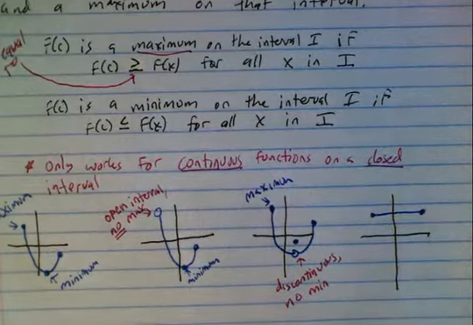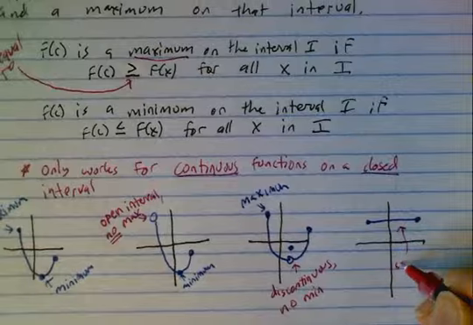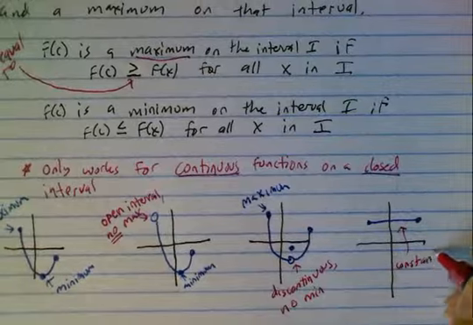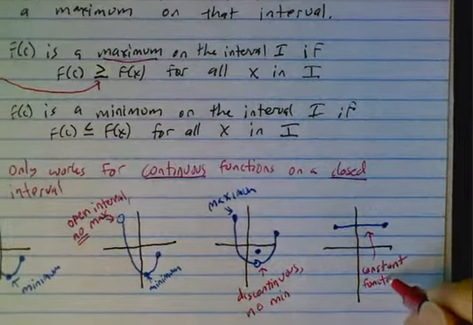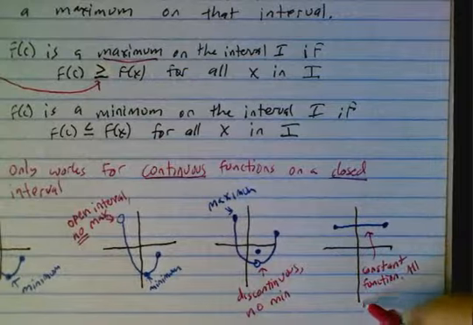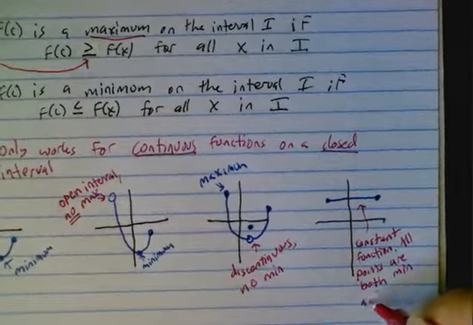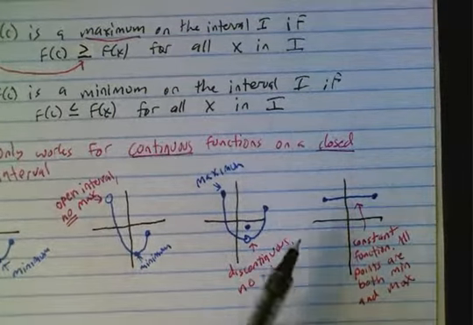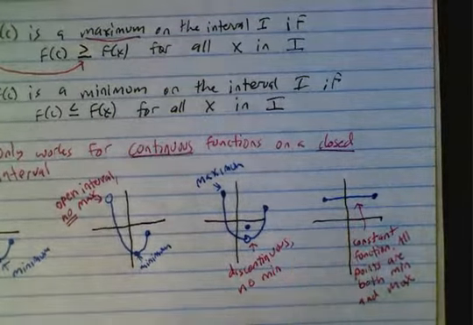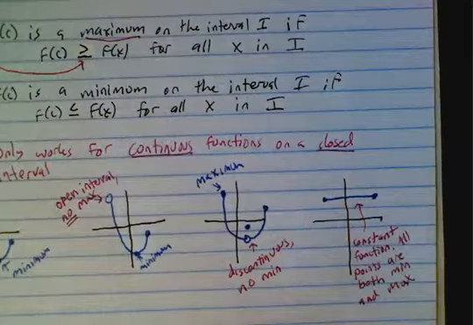This is a constant function. All the points here are both minima and maxima, and the reason for that is because of this little equals sign that's under these two.